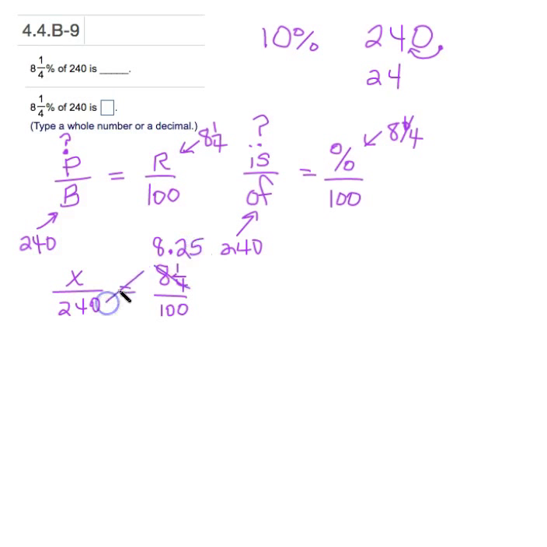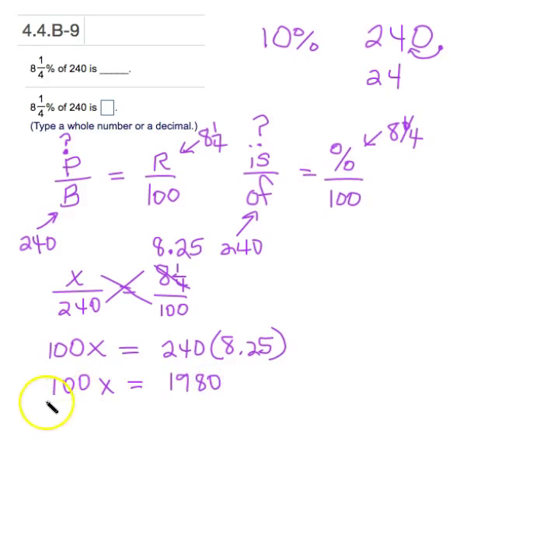And then because we have two fractions with an equal sign in between, or a proportion, we can cross multiply. So we would get 100 times x from this numerator and denominator, and then 240 times 8.25 on this side. And then we can go ahead and figure out what 240 times 8.25 would be.